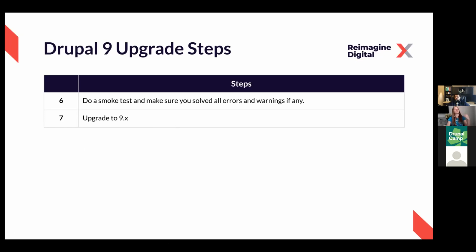Also, there is one major thing you need to check before taking the decision of upgrading to Drupal 9, which is the server. Drupal 9 requires PHP 7.3 and requires 5.7 for MySQL.